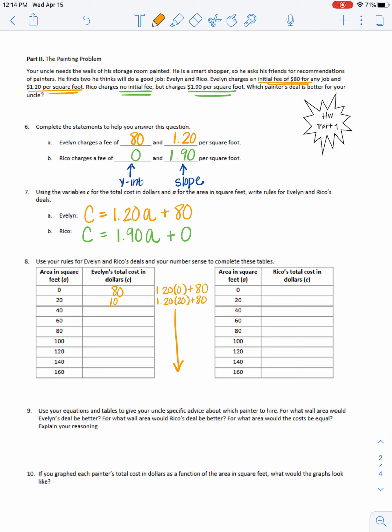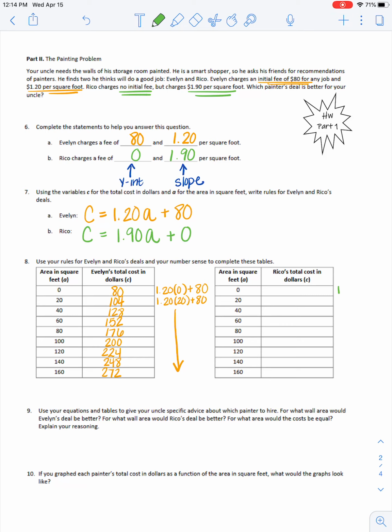And when I do that, I'm going to get 80, 104, 128, 152, 176, 200, and 224, 248, and 272.